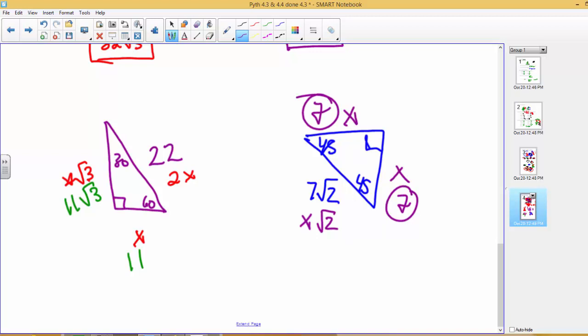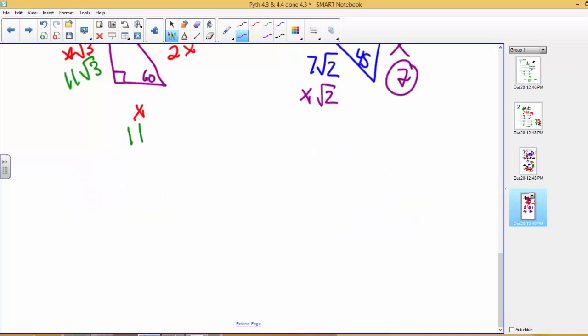Okay, now we're going to try trickier ones, then we'll call it a night. Okay, so 30, 60, 90. You have to know these are 30, 60, 90s to be able to do this. So let's say the side across from the 60 is 4.